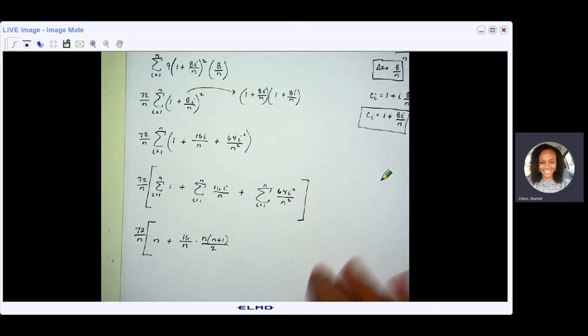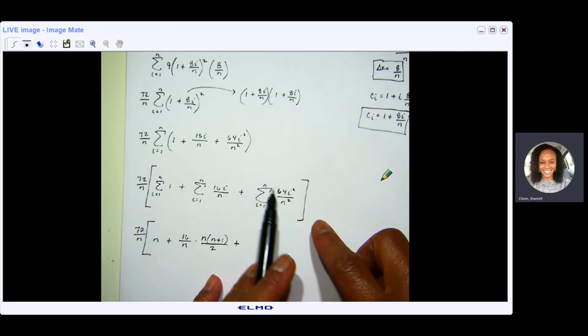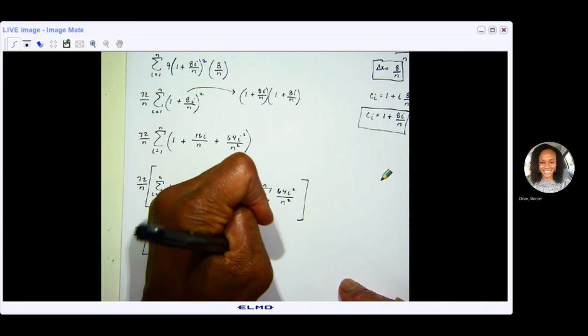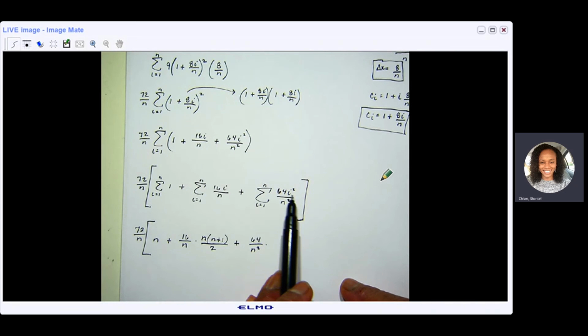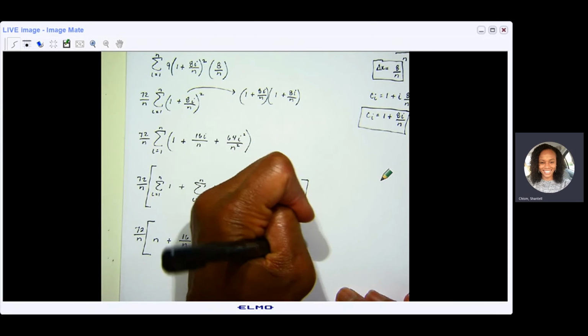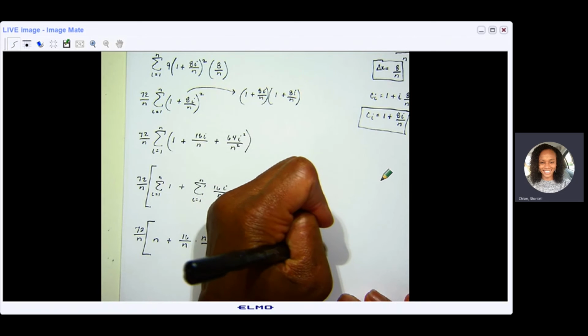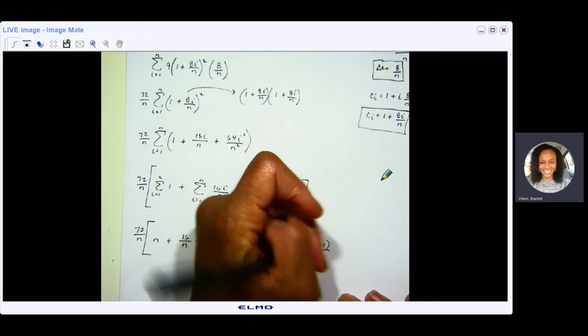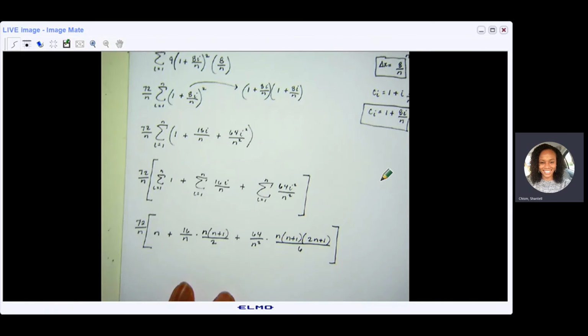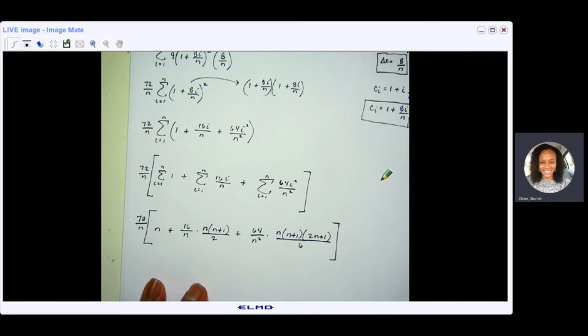That's from 5.2, the summation of i. And then here, the 64 over n squared will come out. And then the summation of the i squared, that is also a summation formula, and it is n times n plus 1 times 2n plus 1 all over 6, according to the formula, okay?